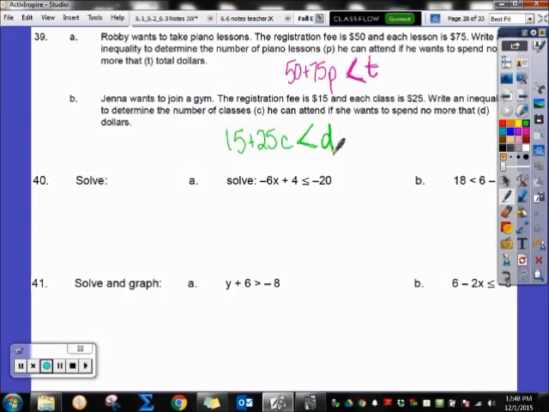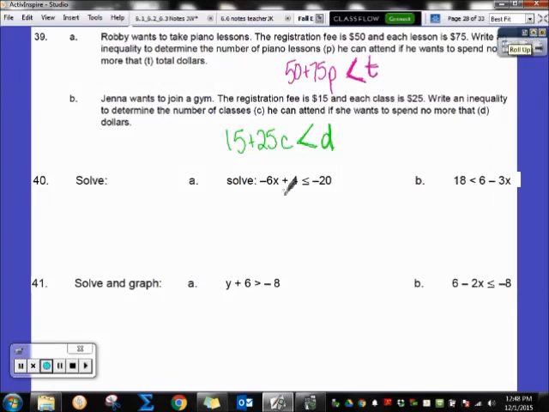For 40, these are just inequalities that we need to solve. Remember, whenever you multiply or divide by a negative number and it's an inequality, you have to flip the inequality.